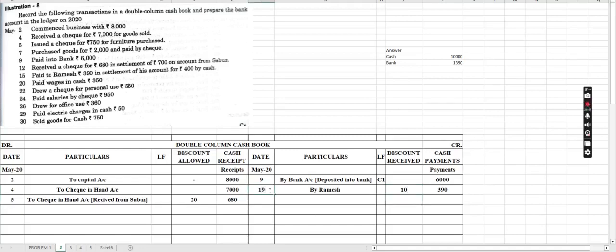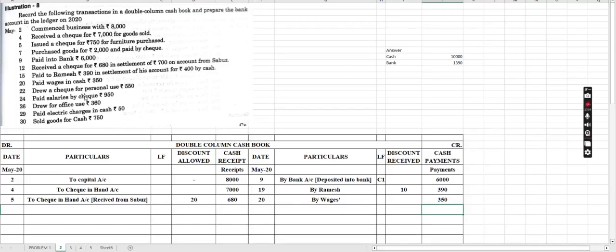Date is 19th. On 20th, paid wages in cash. How much have we paid for wages? 350 rupees. Because it is paid through cash, we are recording it in cash payments. Next, on 22nd, drew a check for personal use, which means an amount is withdrawn from the bank for personal use.